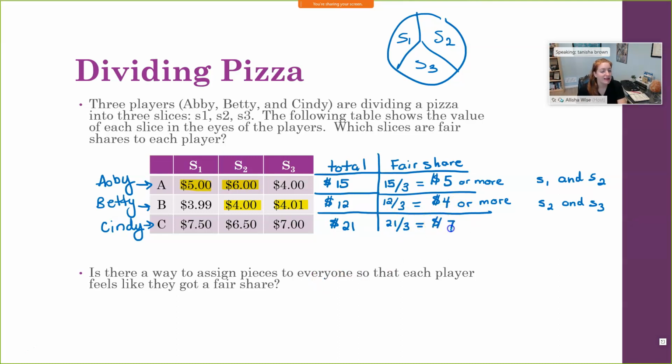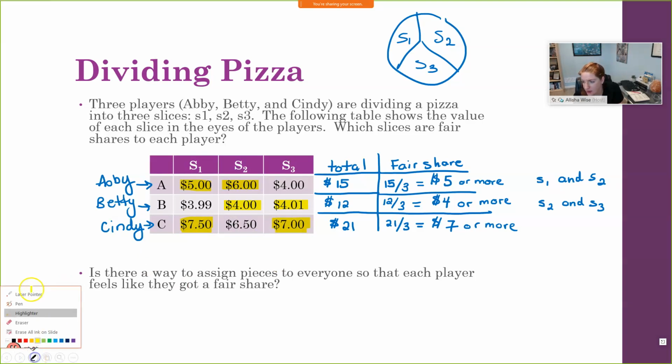So Cindy apparently values the pizza much more. So it's $7 or more. What do you guys think? What would fair shares be for Cindy? S1 and S3. Good, good. I heard both of you say that, so that's good.